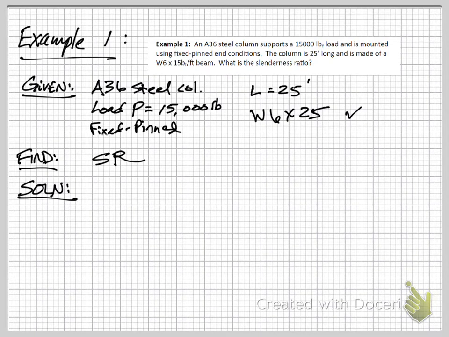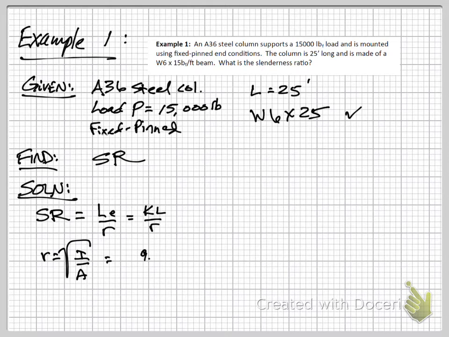So first of all, we know that the slenderness ratio is the effective length over r, which is KL over r. We can look up our r value from the table, or we could calculate it using the square root of I over A, and look up the other two.